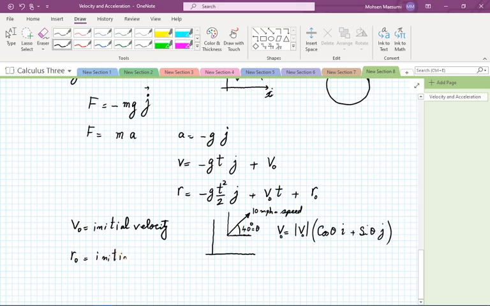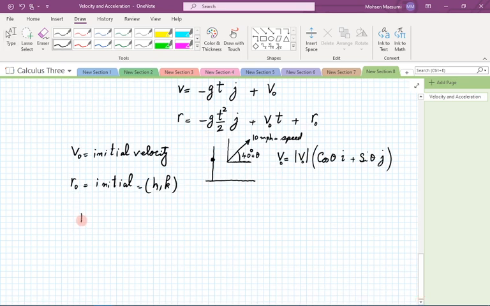Usually they specify that for you, maybe there's some building and you're going on top of that building. Well, the initial position is going to be the coordinates of that location. Perhaps you're on the roof of a building, you have some y location, some x location, so that is some pair of numbers that specify your initial position.